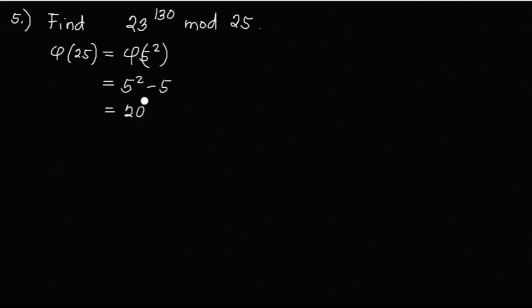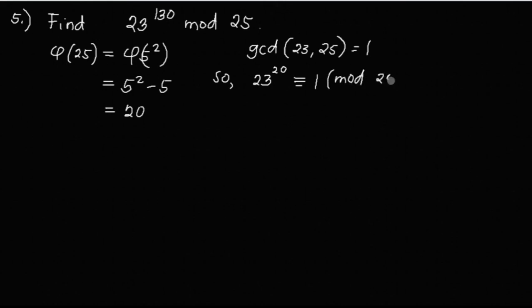Right? And the GCD of 23 and 25 is equal to 1. So, 23 raised to the phi of 25, which is 20, will give us a remainder of 1 when we divide it by 25.